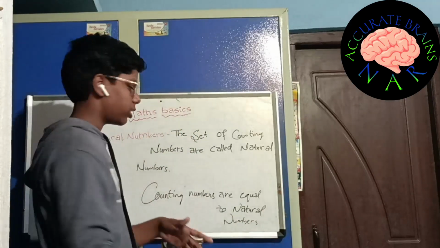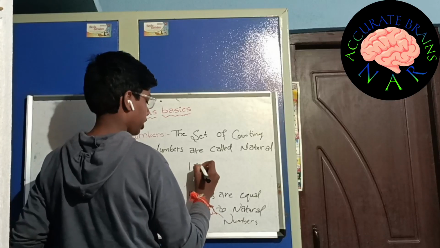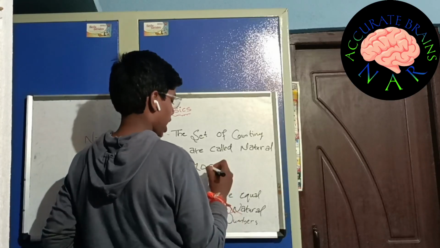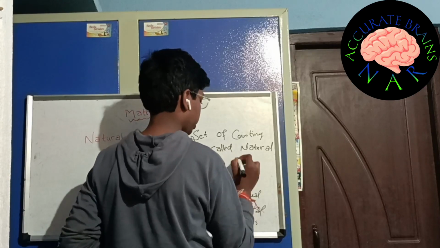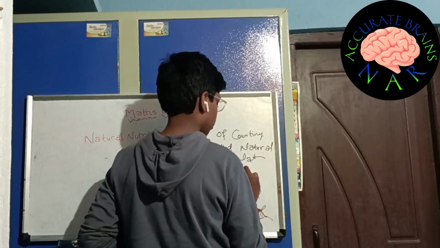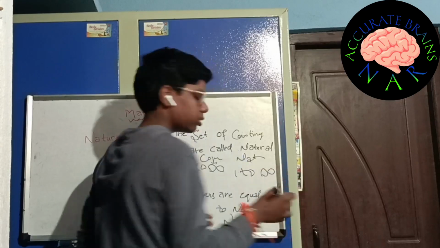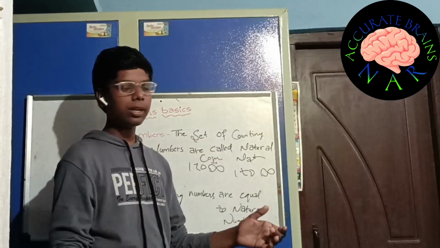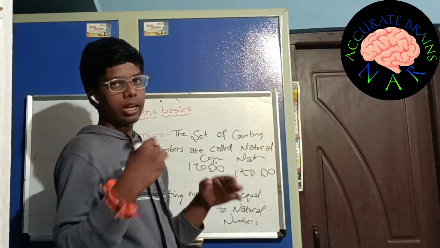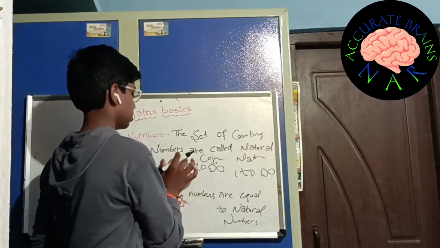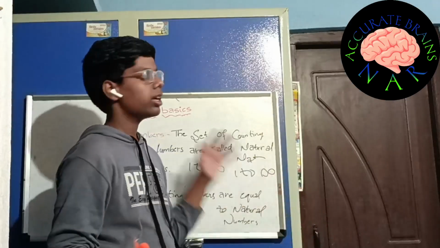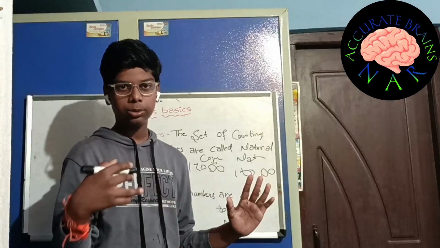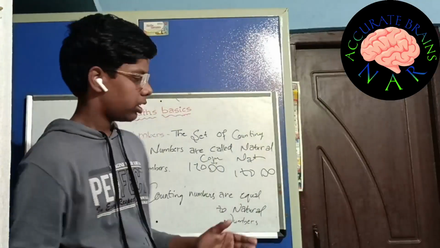That means counting numbers, for example, are 1 to infinity, and natural numbers are also 1 to infinity. Both are the same. In simple language we know these numbers by the name of counting numbers. Counting numbers are nothing but natural numbers. Here 1 to infinity numbers are known as natural numbers.